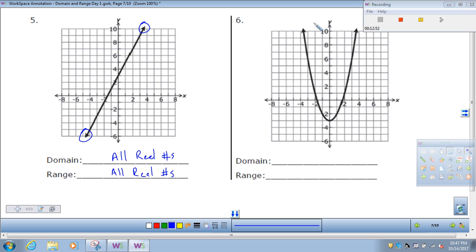So here's another one that has arrows, but even though my furthest left and furthest right have arrows, which makes this all real numbers, I do not have arrows going down. And so I have arrows up on the top. I do not have arrows down here.